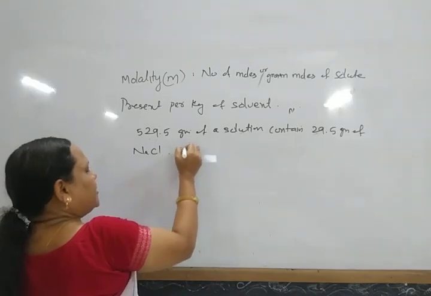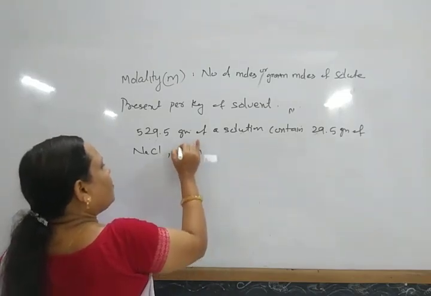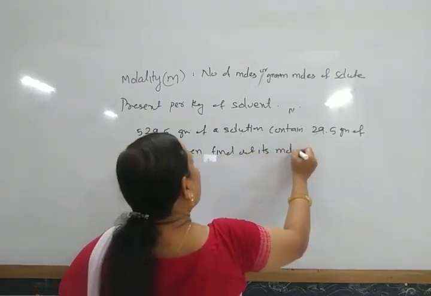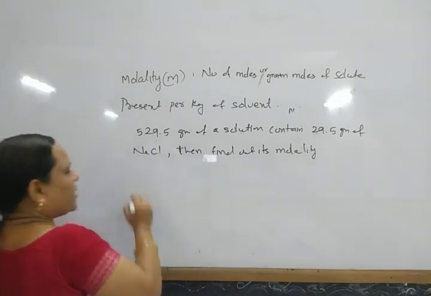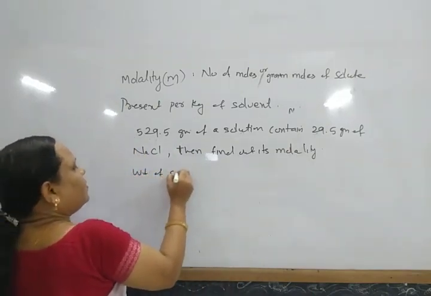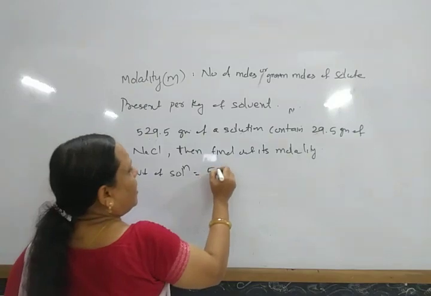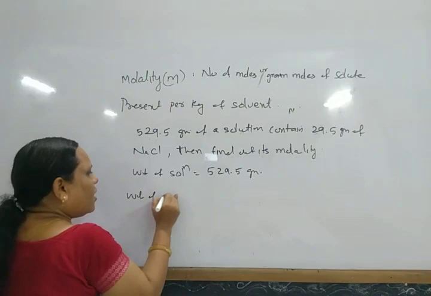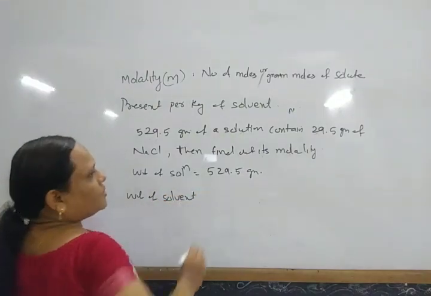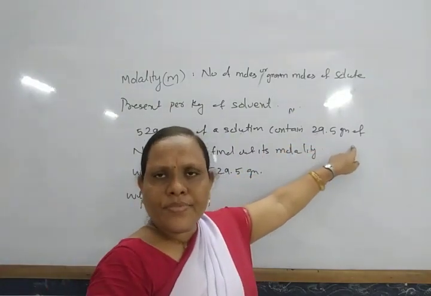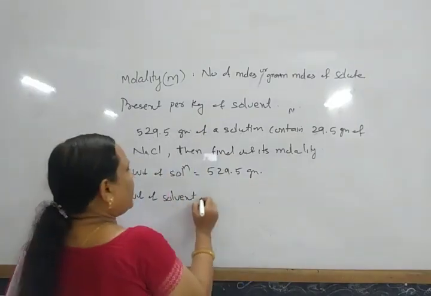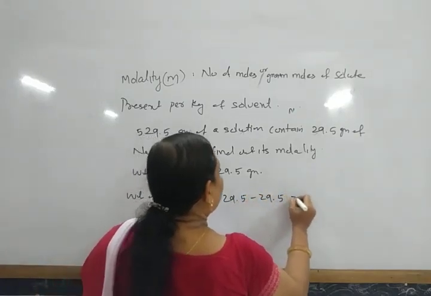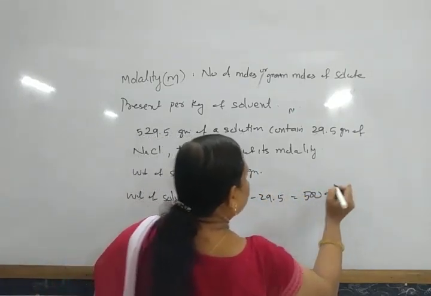Then find out its molality. So weight of solution is 529.5 gram. Then what is the weight of solvent? The solute is 29.5 gram, this is sodium chloride, the solute. Then the weight of solvent is 529.5 minus 29.5, that is 500 gram.